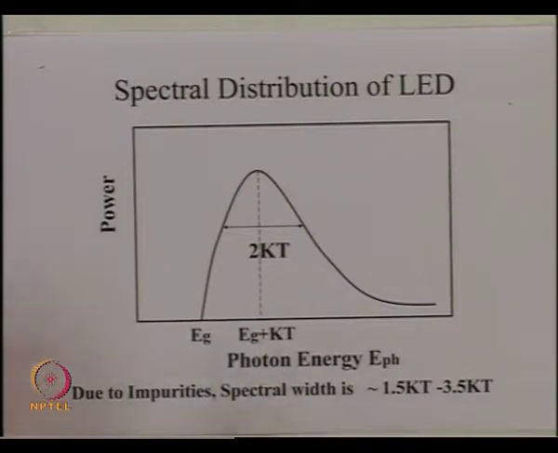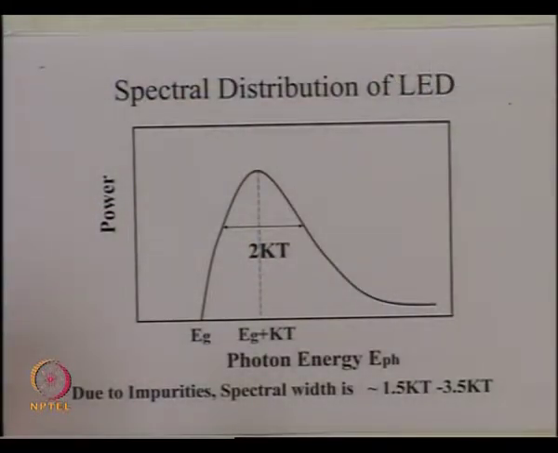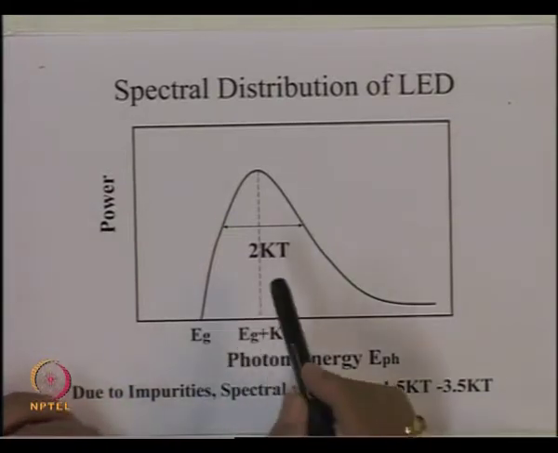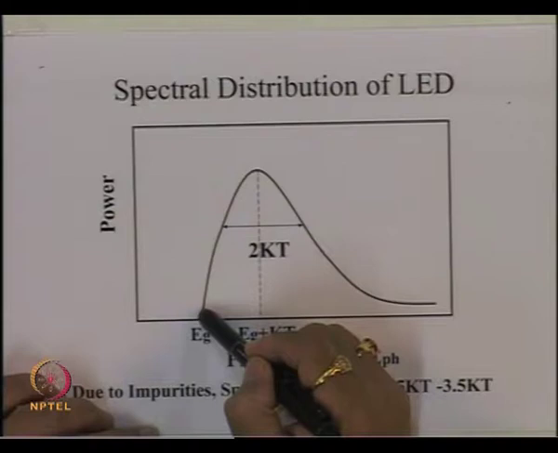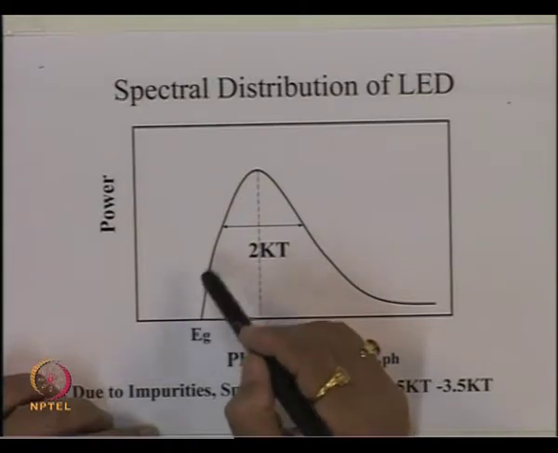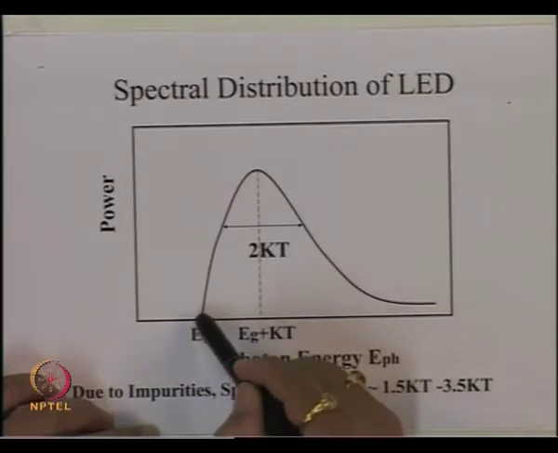Typically, the band gap energy for semiconducting material is of the order of about 1 eV, whereas this quantity kT will be of the order of about 0.025 eV at room temperature. So, this quantity is very small compared to EG. Nevertheless, the maximum power is not received for energies equal to the band gap energy, but for the energy which is a little higher than the band gap energy.